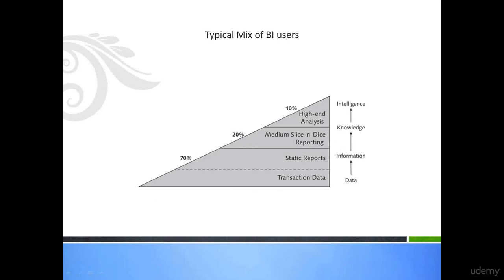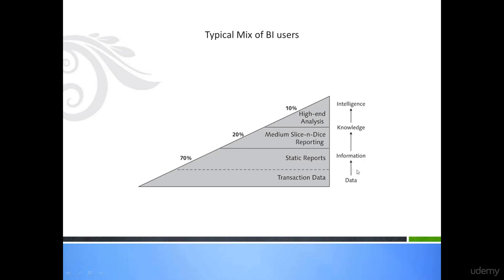Now we saw the different types of reports, but we should also know who the users are, as I was telling in the previous slide. The top-level people, about 10%, will be using the intelligence, like visualization, right? And then slice and dice is about 20%, and the rest of the people in the company will be using the static reports based on the data.